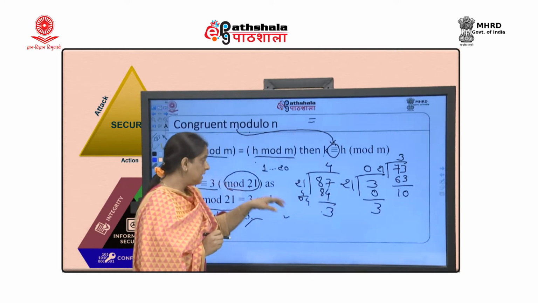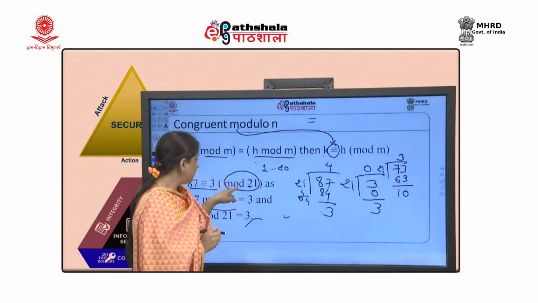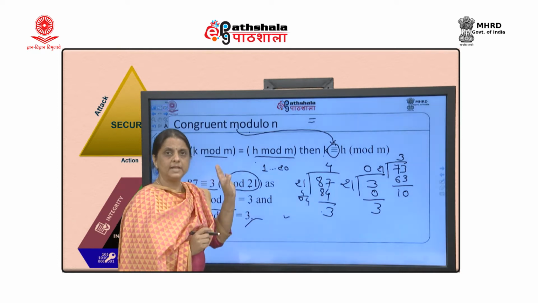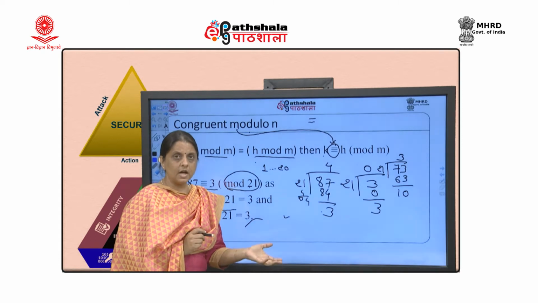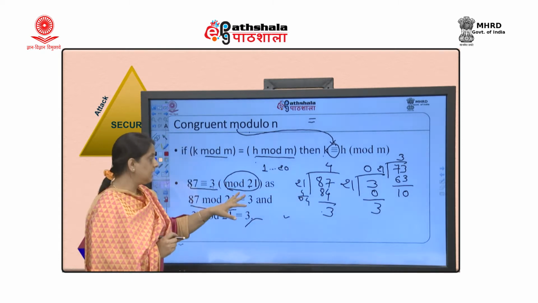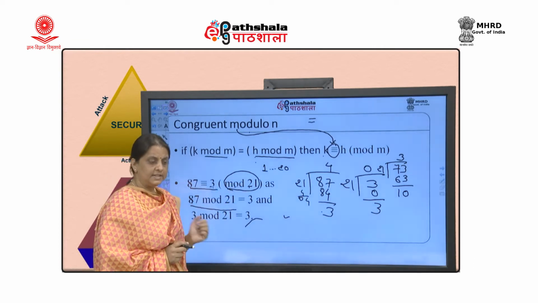So no matter what number you take, if you perform the modulo operation with 21, the result would be in the range of 0 to 20. So even though these integers can be large, the remaining operations would be within the limit.